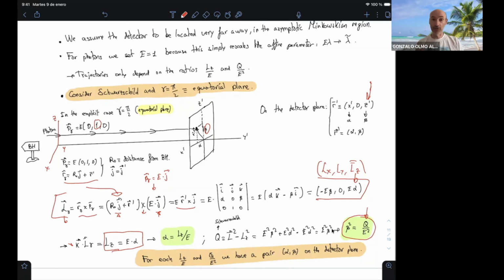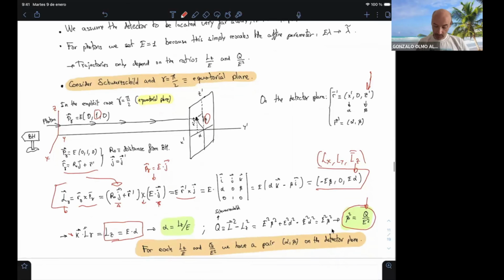Now we have a clear correspondence between the two labels of each geodesic, LZ and Q, and the location of the pixels on the detector plane. So this pair of constants is mapped into this, or the other way around. Now we know the correspondence. We will start the integration numerically from the detector plane.